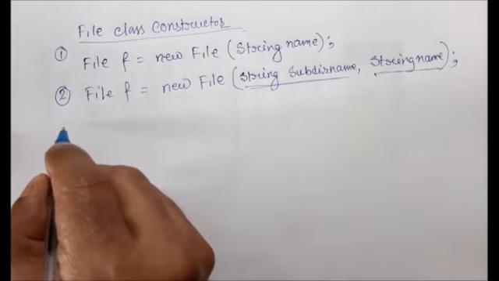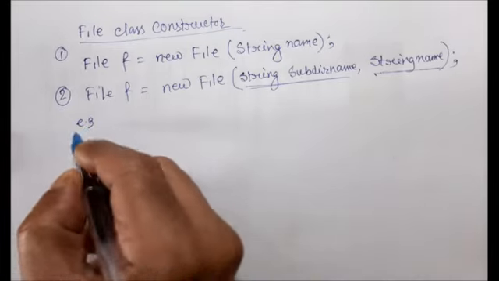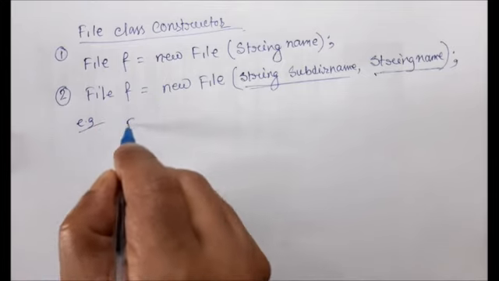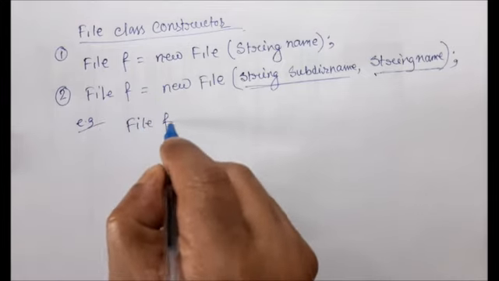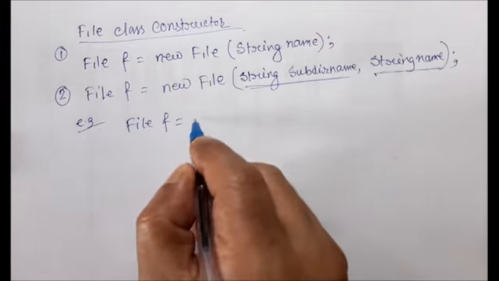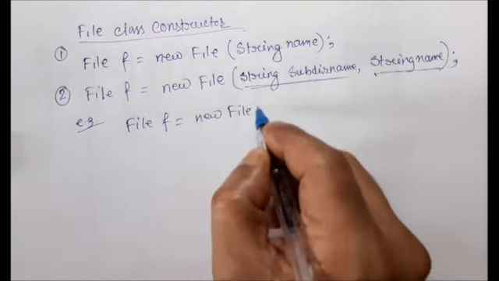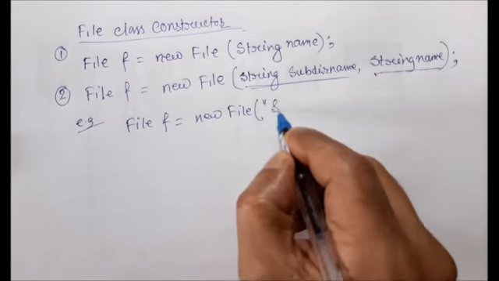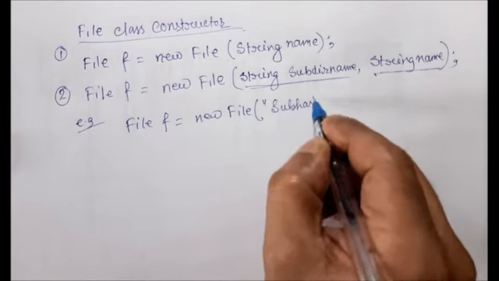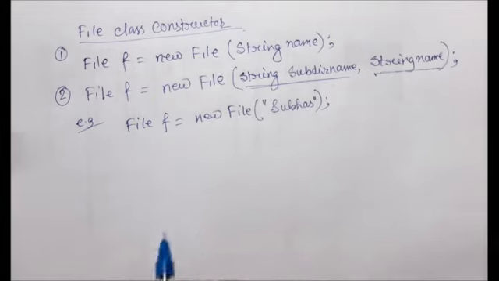For example, first we have to create File f = new File. If I want to make a directory as per our previous example, I am writing the same name so that you can understand.